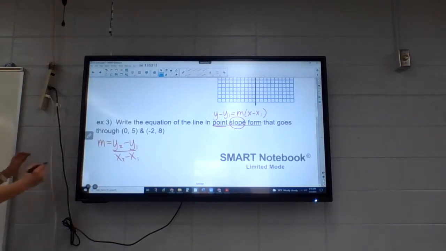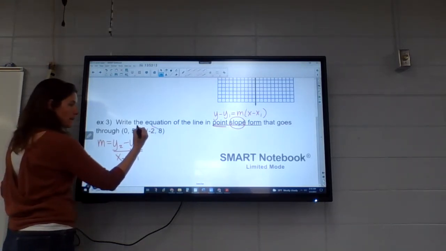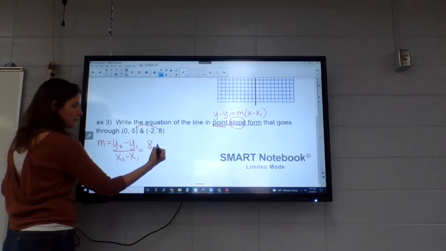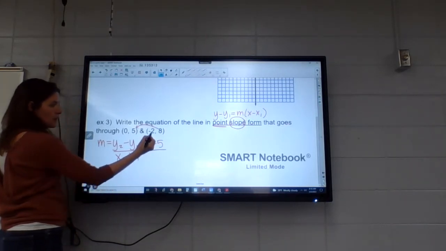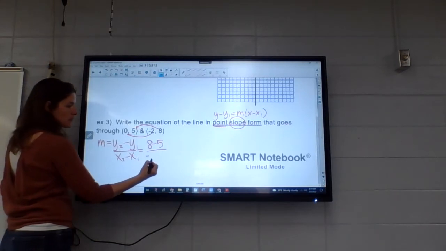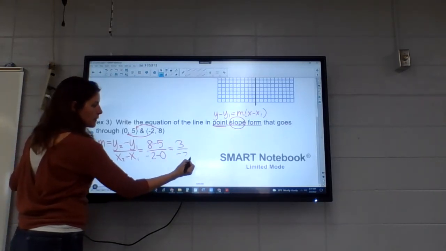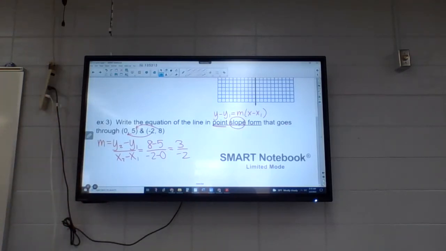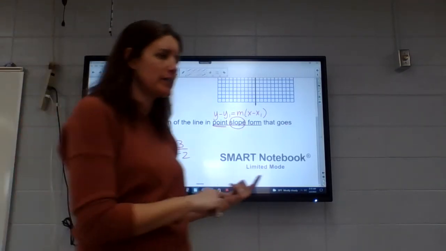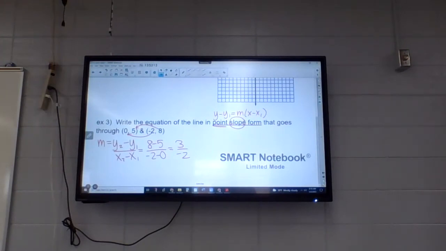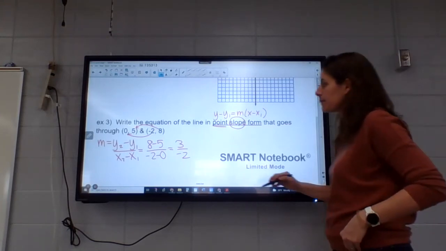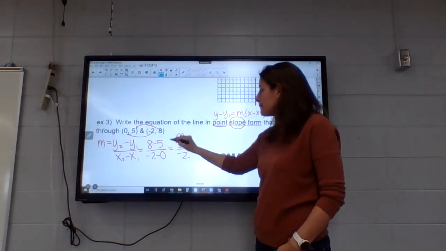So we're going to subtract the y's, and then subtract the x's. So we found out our slope is -3/2. The slope is not always -3/2. That happened to be the last example as well, but that's just a coincidence. All right, so here's our m.